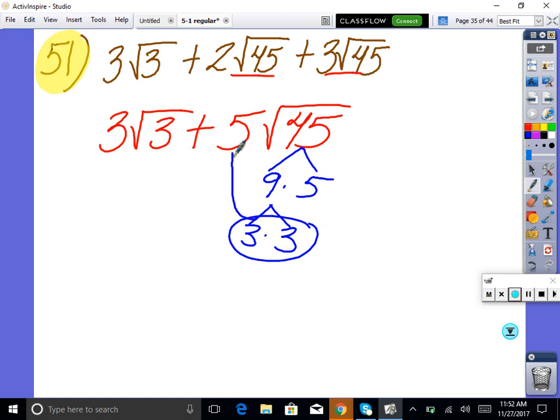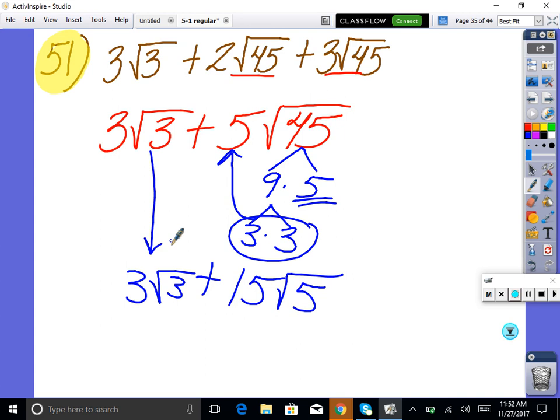So careful, we pulled out a 3 and 5 was already out there. So we have 15 root 5. And wasn't it positive? And then we have our 3 root 3. So can we combine them right here now? No. So there's our final answer.